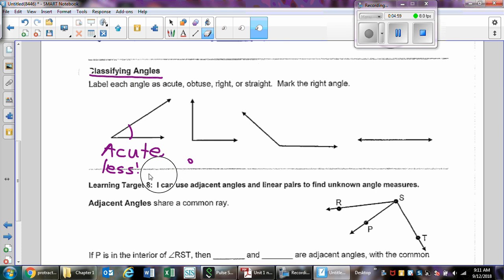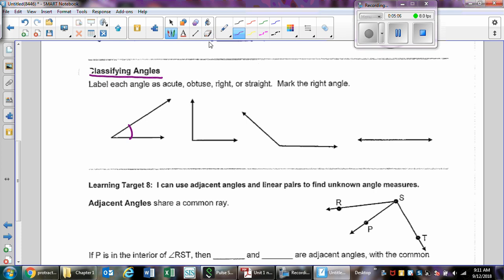Let me erase this part. Let's say this angle is x, so x is less than 90 degrees, and this is called acute.